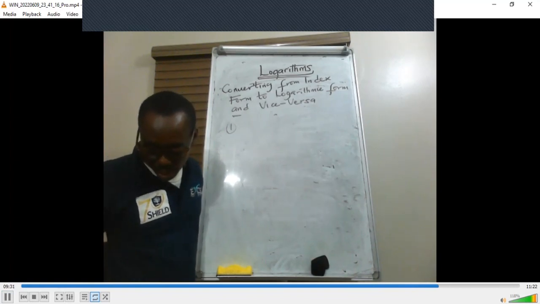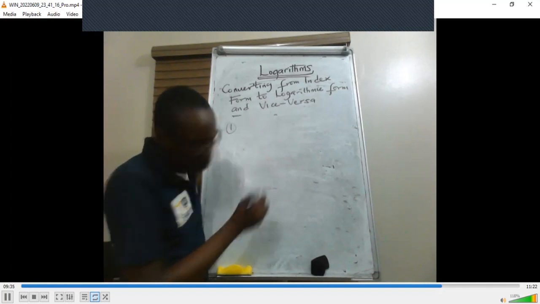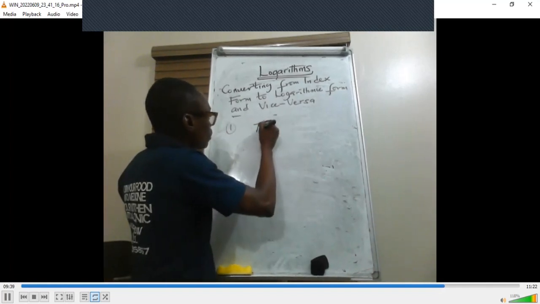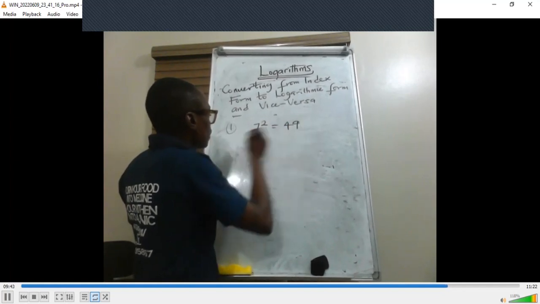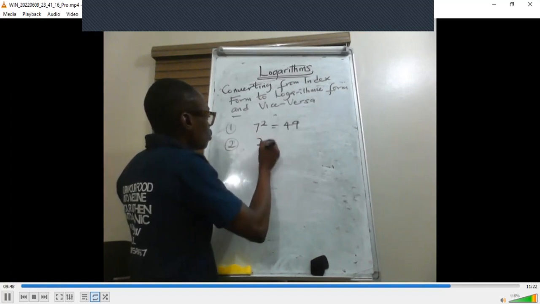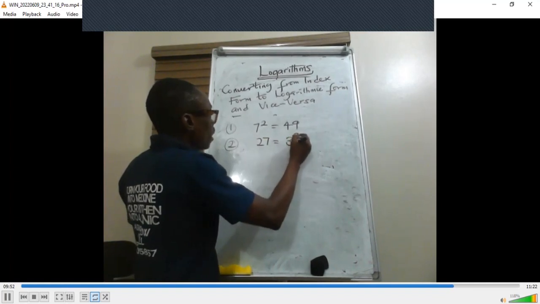So we have 7 raised to power 2 is equals to 49, and we have 27 is equals to 3 raised to power 3.